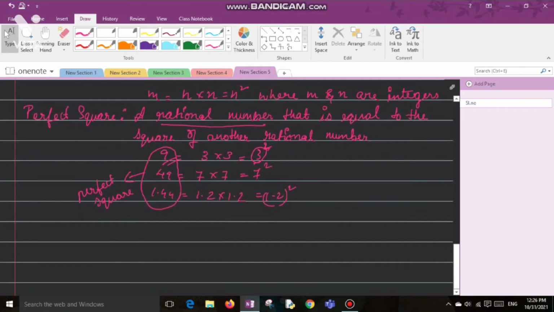Now let's understand what is a square number.